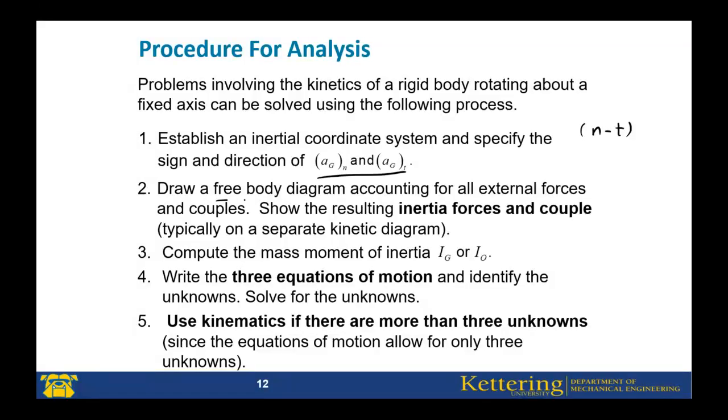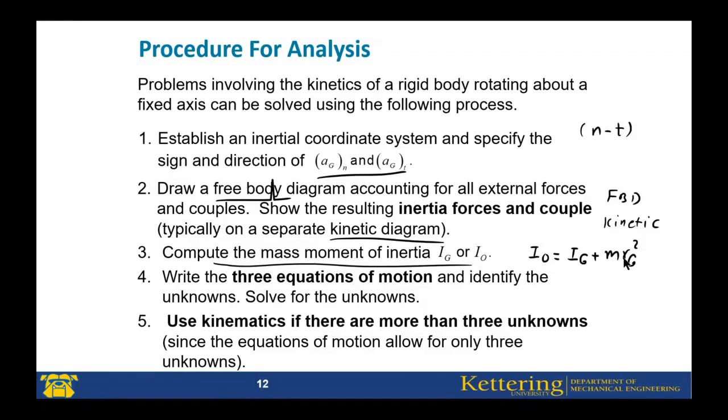Also, we will draw the free body diagram and the kinetic diagram. Then we need to find the mass moment of inertia. If you want to find the moment about the G, IG is already given. If we want to find the IO, IO will be equal to IG plus m RG squared.